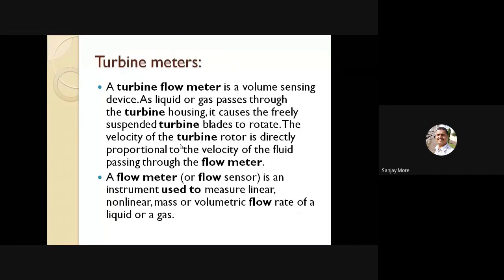So write down under the heading turbine meters. After this point, I give a 10 minute break, then join the next meeting. Turbine meters. A turbine flow meter is a volume sensing device.